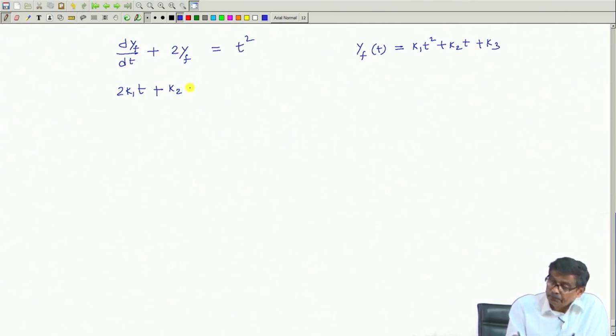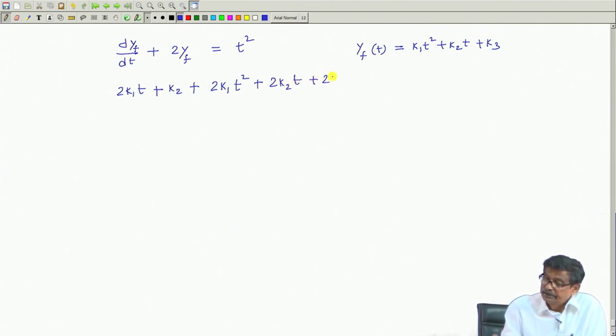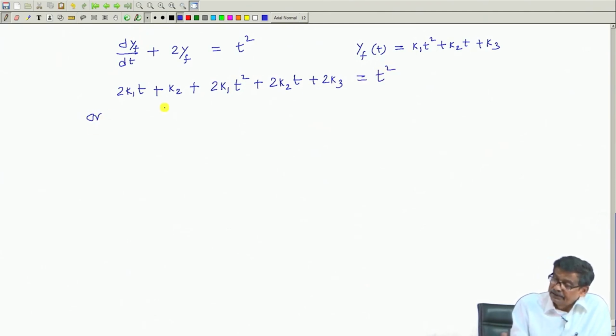And then plus 2 y_f, which is 2 k1 t square + 2 k2 t + 2 k3, and that has to be equal to t square. This is the thing. Now you collect the terms.